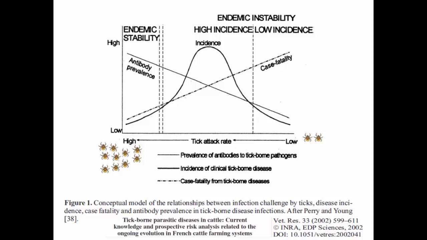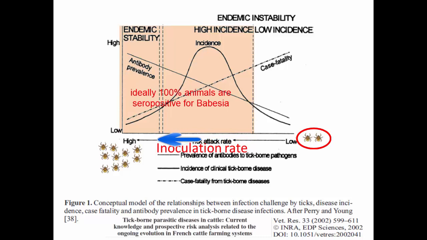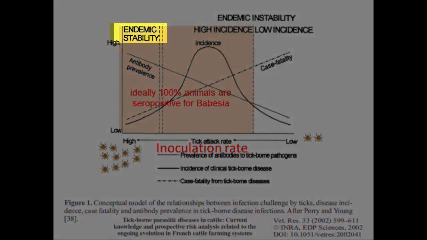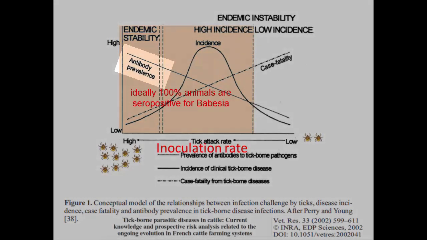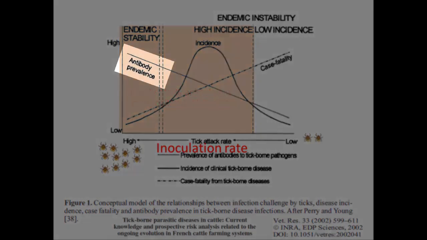As you go down in altitude and the number of ticks and the inoculation rate of babesia increases, ideally you want 100% of those animals to seroconvert to babesia in order to achieve what we would call a state of endemic stability, in which basically all the animals have been exposed and have high levels of antibodies that are protecting against babesia.